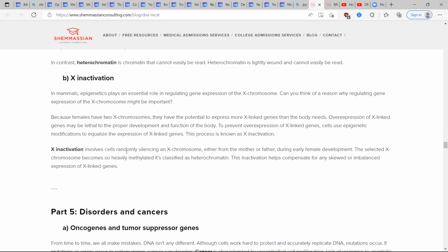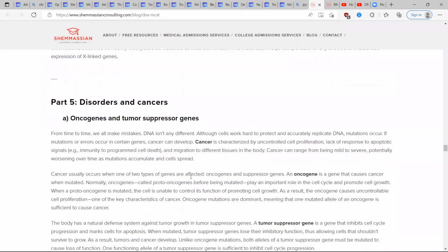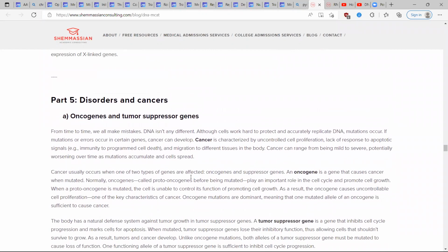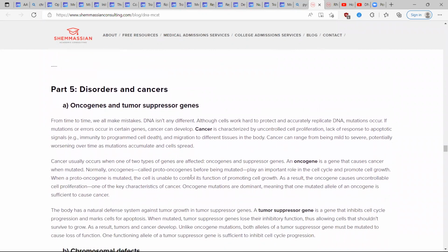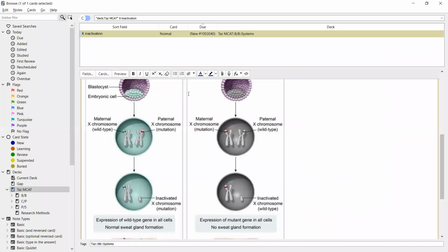It becomes so heavily methylated that it is classified as heterochromatin, which is a way to prevent overexpression of the X-related genes. Cancer. Oncogenes. We can talk about that.